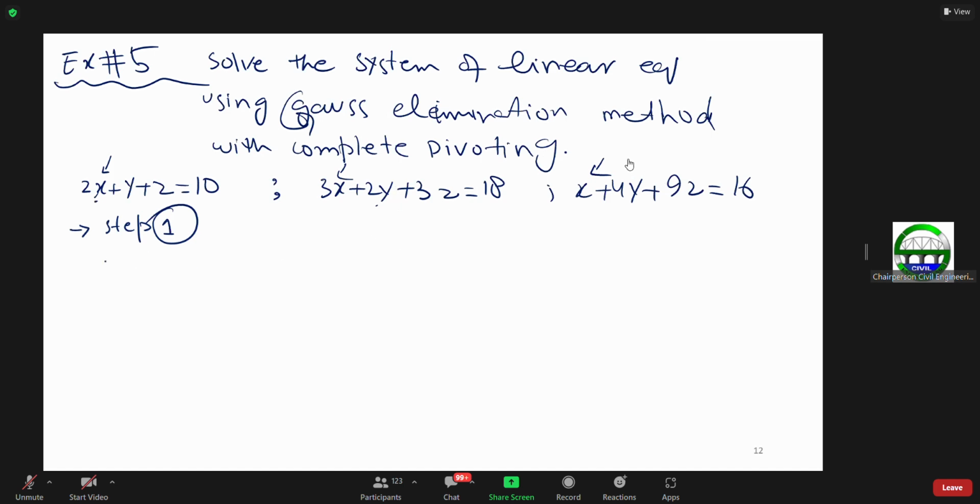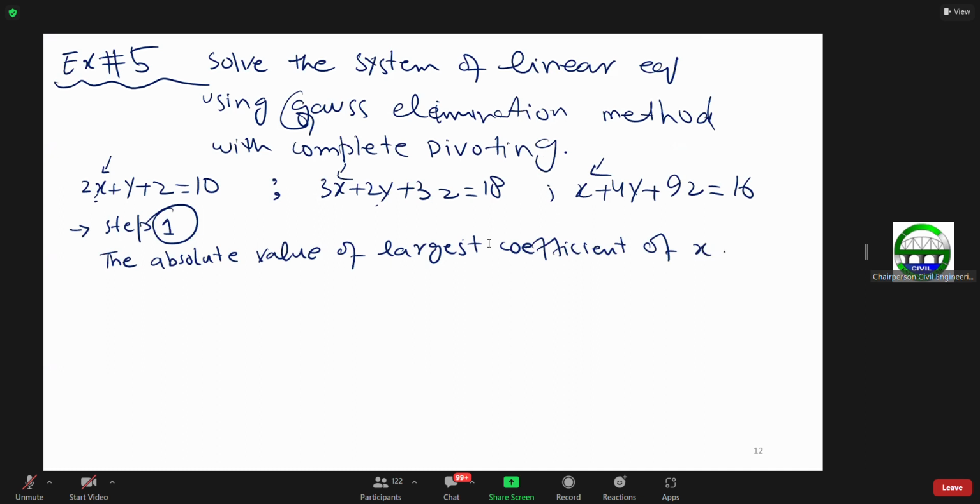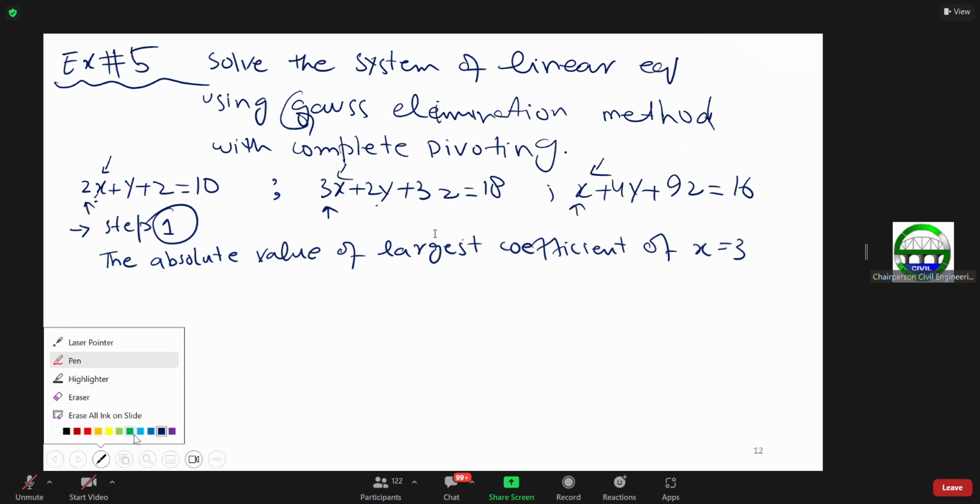Okay, so the absolute value of the largest coefficient of x is equal to 3. You have to see the coefficients first.